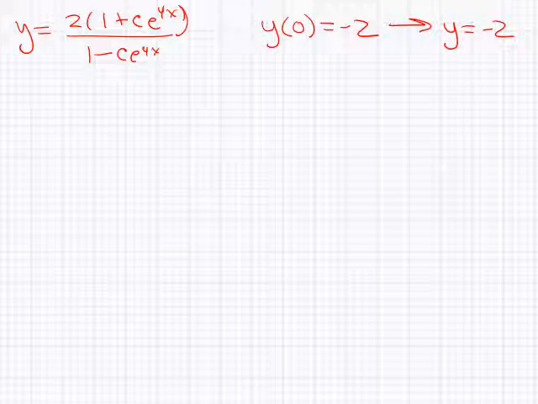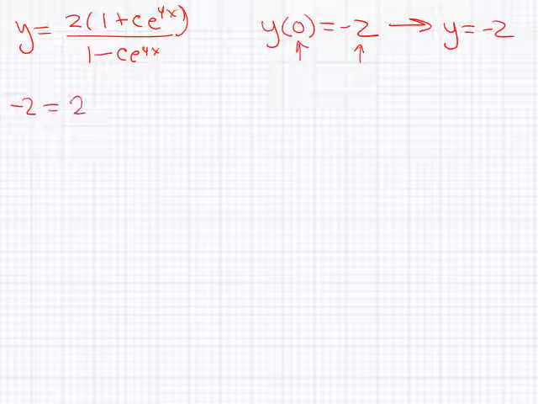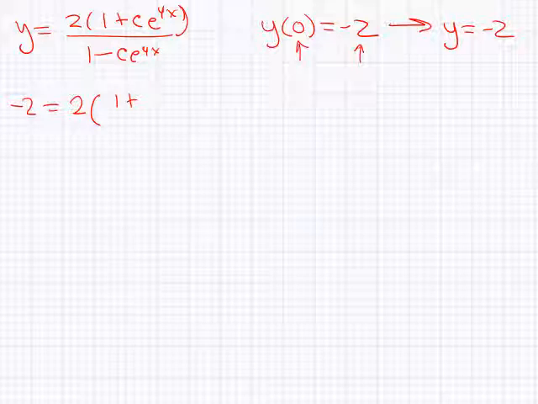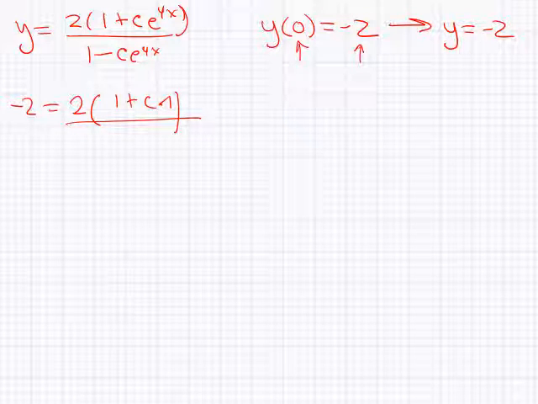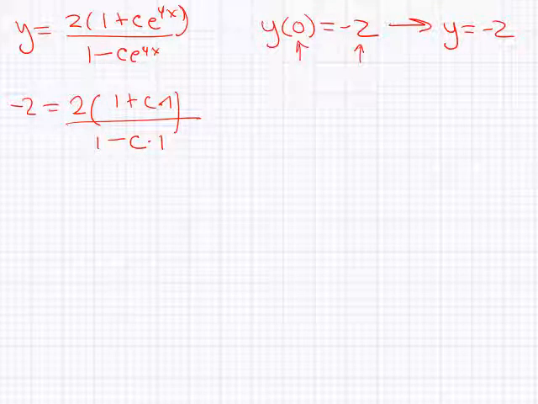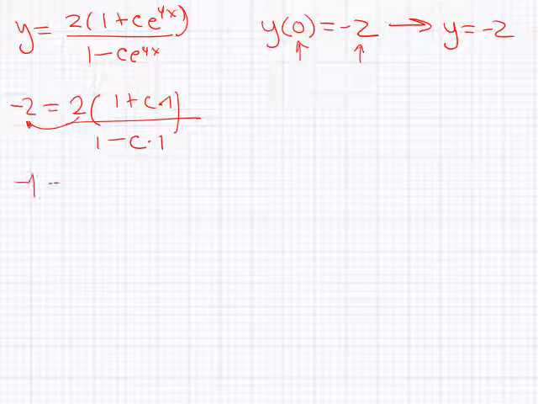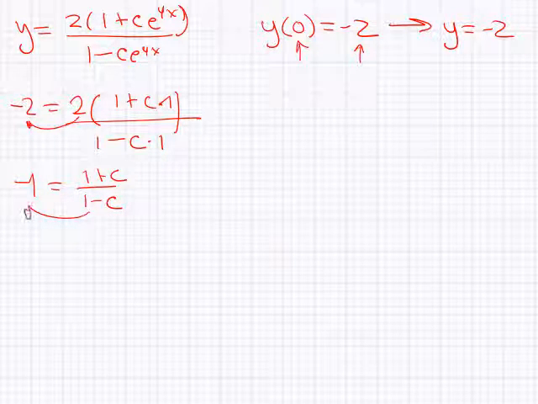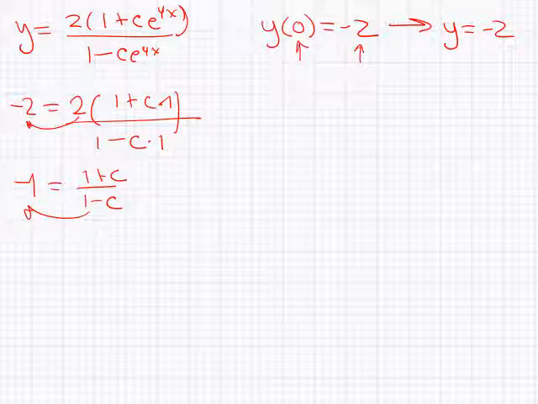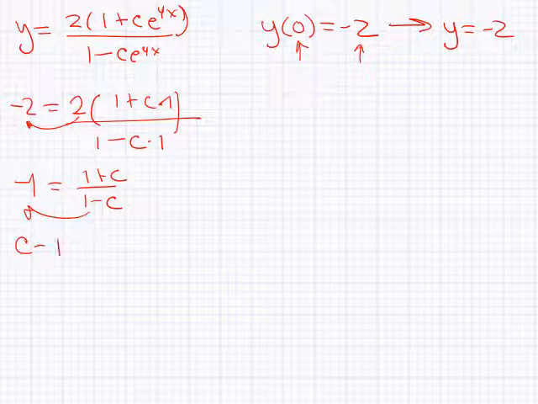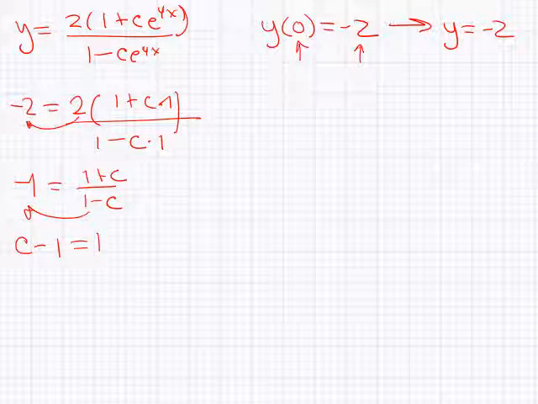So we plug in 0 for x, negative 2 for y, so we get negative 2 equals 2 times 1 plus c times 1 over 1 minus c times 1. A lot of same stuff: divide by the 2, so we get negative 1 equals 1 plus c over 1 minus c. Move this to the other side, so times negative 1. So what does that end up giving us? It gives us a c minus 1 instead of 1 minus c, because by multiplying by negative, you just flip it.